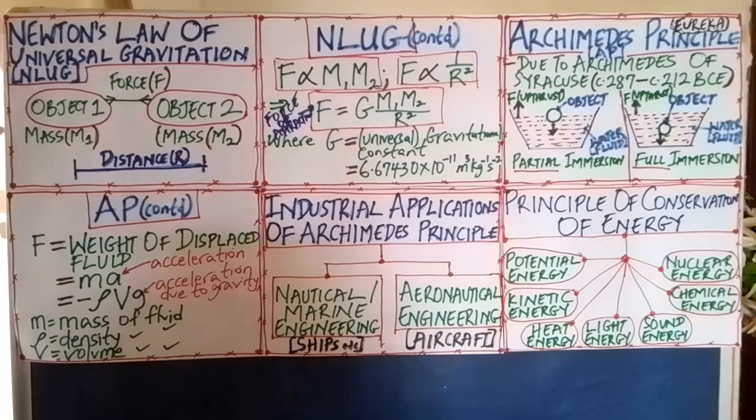So Newton's law of universal gravitation connects the masses of object 1 and object 2 with the force of attraction between the two objects, and then the distance between the two objects. These are the results that have been measured experimentally, and they have been validated analytically, mathematically.